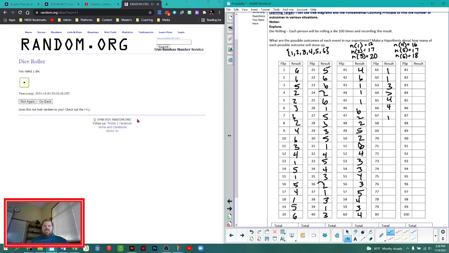And there's only 6 possibilities, so you're going to get a lot of repeats, just like when we flipped a coin for heads and tails. There was really only 2 options. This one at least has some different options.